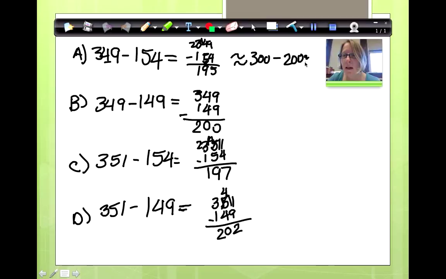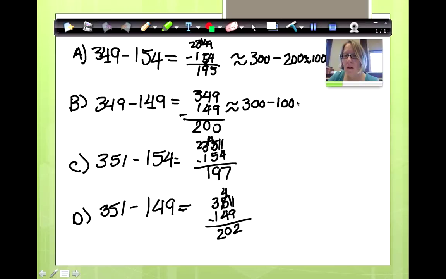Okay, let's do the same thing with this one. 349, we already know that it rounds down to 300. And what would 149 do? Well, it's that 49 again. It's real close to 50, but it's not 50. So we're going to round it down to 100. Now, this means that it's approximately 200.